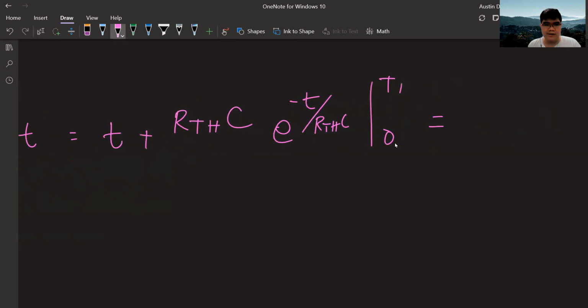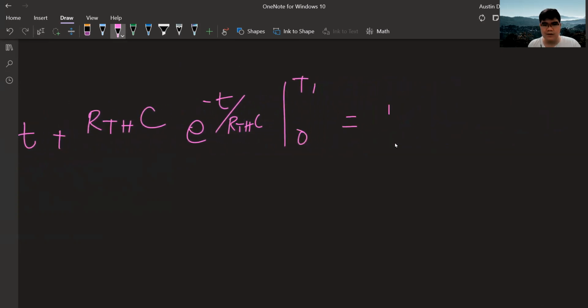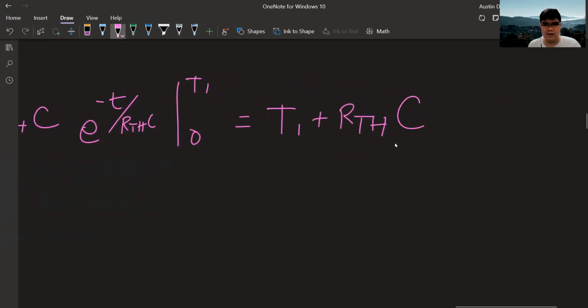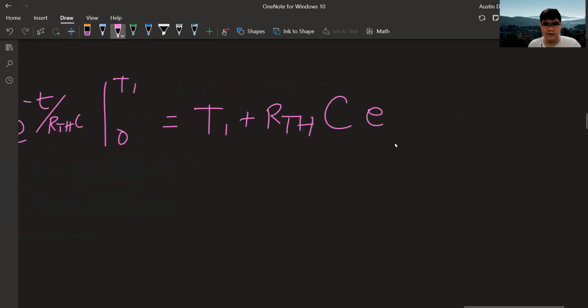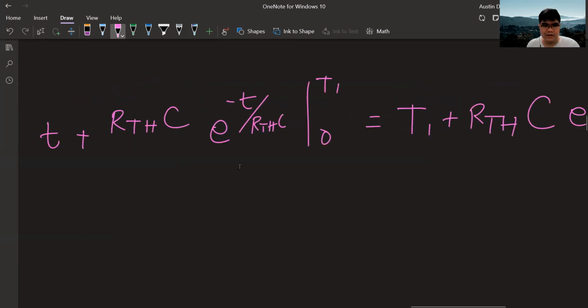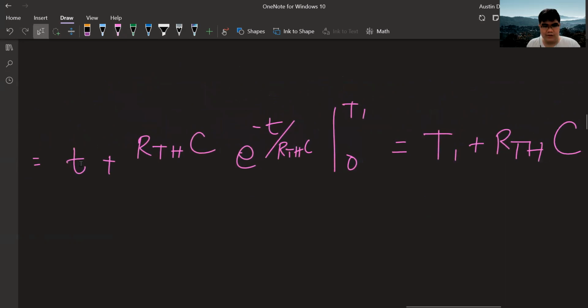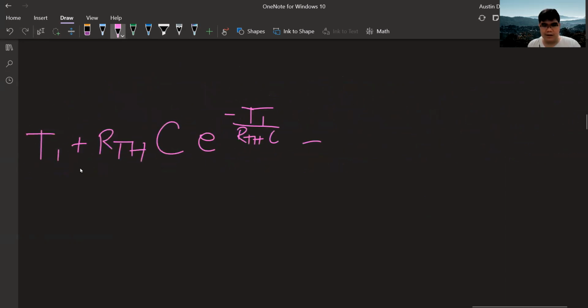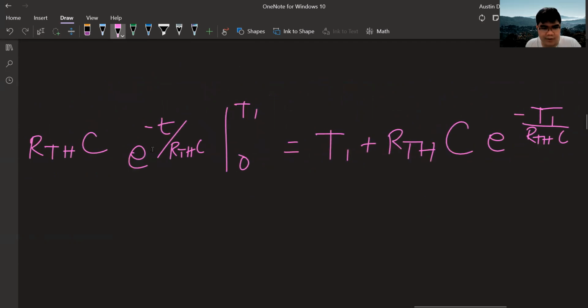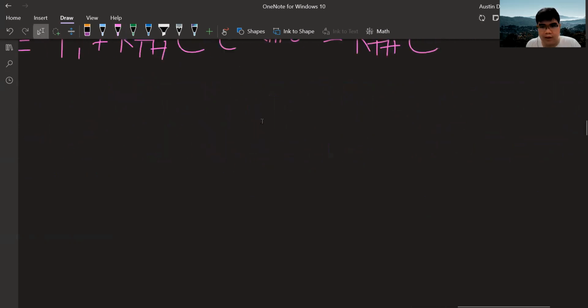Okay, and then this is T1 plus RTH C e raised to negative T1 over RTH C. And then minus yung evaluation at 0. So this gives me 0 yung first term and then minus RTH capital C. Tapos E exponential evaluated at 0 is just 1.